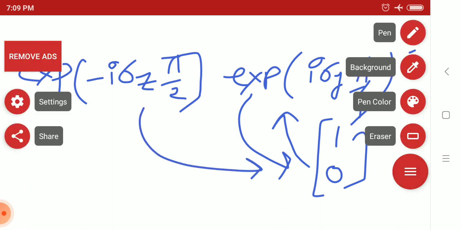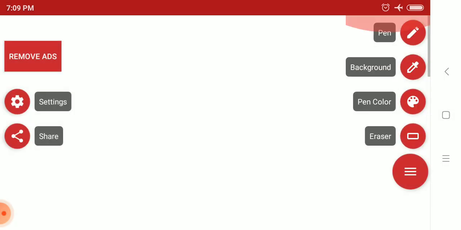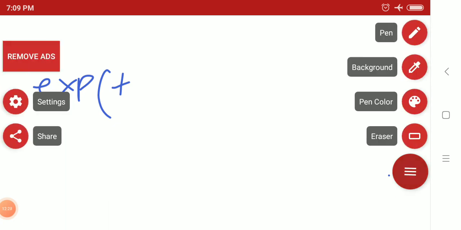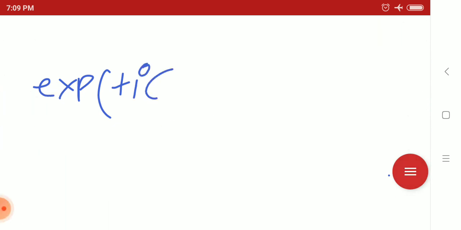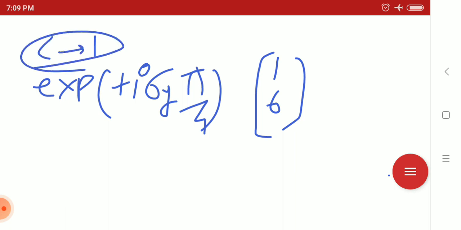So first, exponential iota sigma y pi by 4 operating on 1, 0. Let's do the calculation, step 1. So what is the formula? I cos theta plus iota sigma n sin theta.